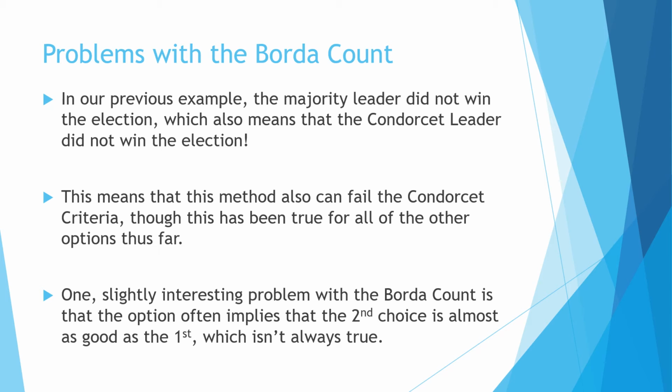But one interesting problem with the Borda count that doesn't necessarily translate into a criterion is that this kind of implies that your second choice is almost as good as your first, and that's definitely not true all the time. Maybe you like one thing really, really intensely, but everything else sucks, and your second choice ends up getting more points than they probably deserve in your eyes.